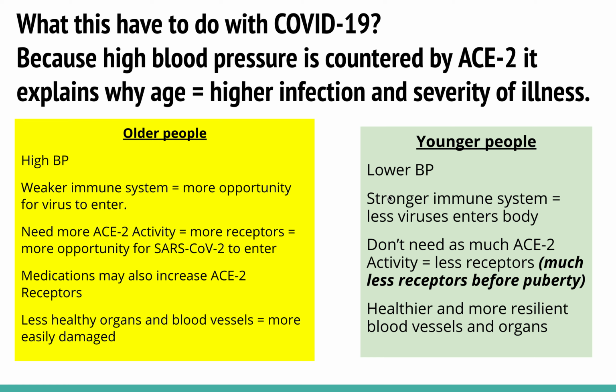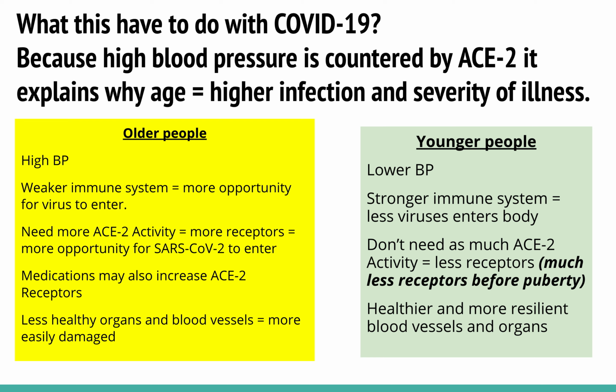In addition, like I mentioned, because we just typically have higher blood pressure and more health issues regarding organs in our RAS system, we're also going to have a lot more ACE2 activity and receptors for SARS-CoV-2 to enter. If you're younger, you don't nearly have as much. And in fact, before puberty, you have a very low amount of ACE2 receptors.